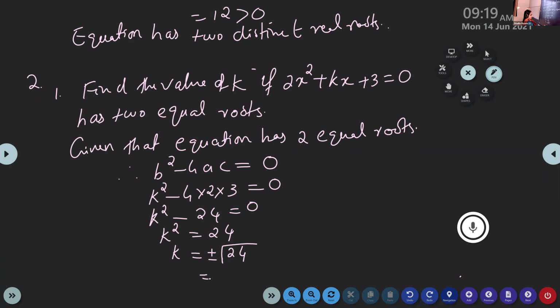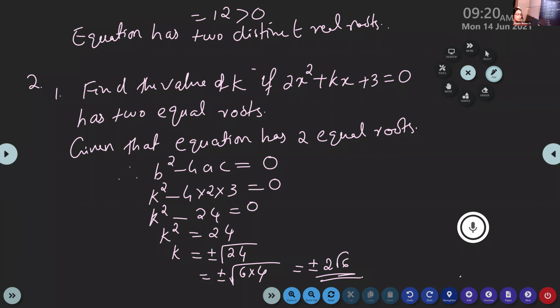We can write 24 as 6 into 4. So this is plus or minus root 4 is 2, 2 root 6. Value of k is plus or minus 2 root 6.